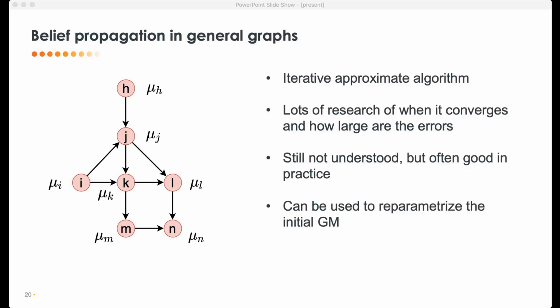It is interesting to note also that belief propagation can be used to parameterize graphical models. After we obtain marginal distributions over the variables, we can merge these probabilities into the potentials, and we can obtain another graphical model with more localized potentials, for example.